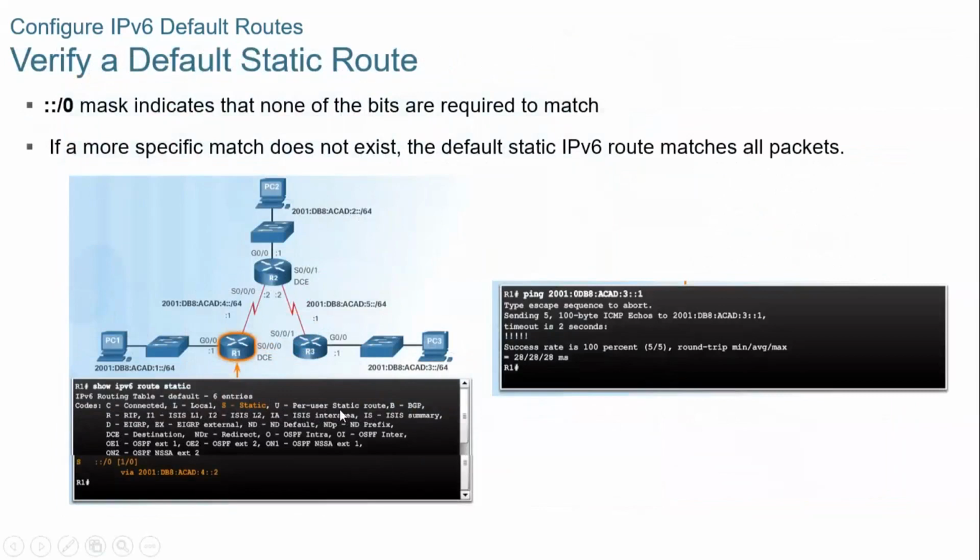You can verify that in the static route. You have S, and then you have the any here, and then the exit interface. And you can also verify by pinging an address that is away from here to see whether or not it can reach. Okay.